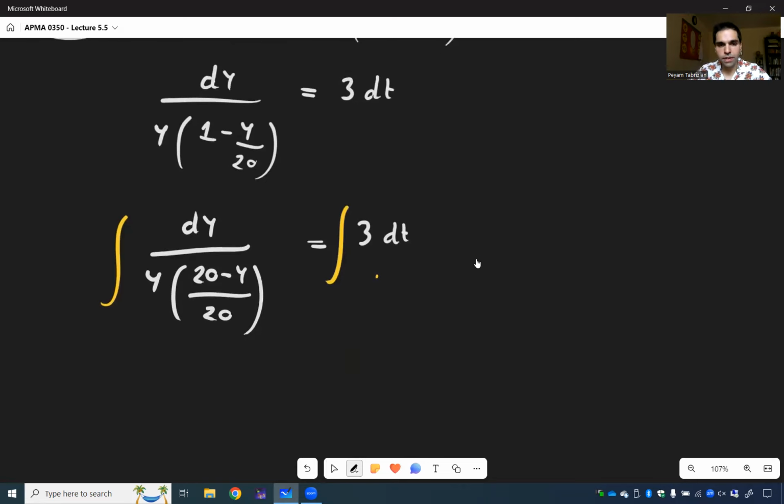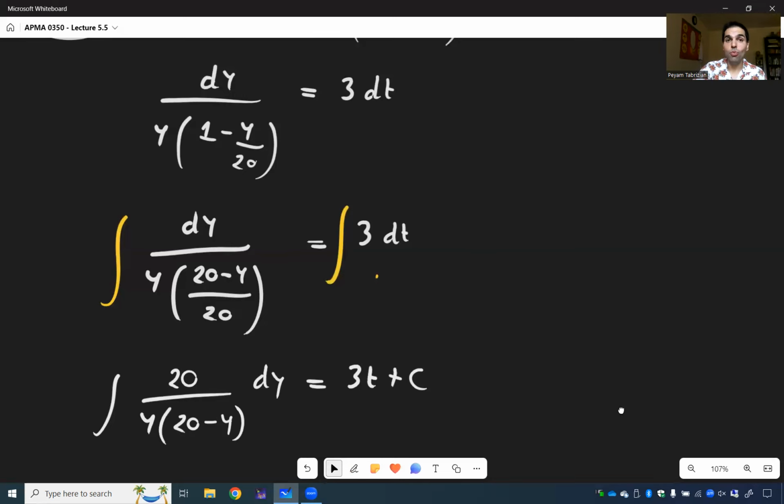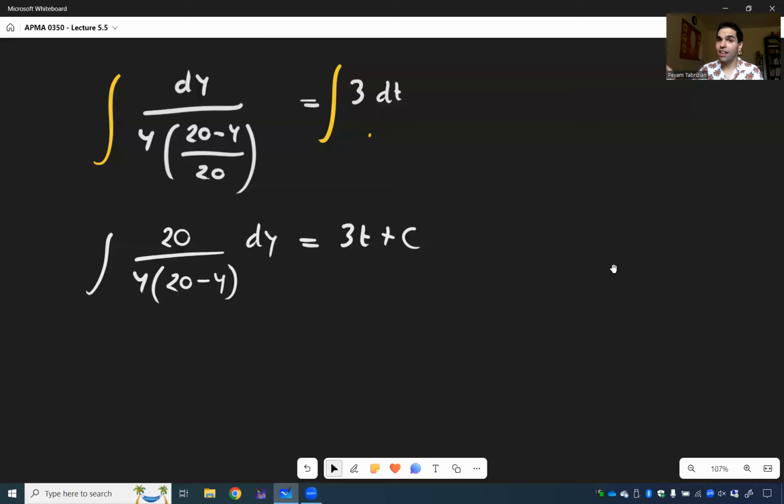And what we end up getting is the following. Integral, again flipping the denominator, so 20 over y times 20 minus y dy equals 3t plus c. Now, the right-hand side is already evaluated. Now we need to evaluate the left-hand side.